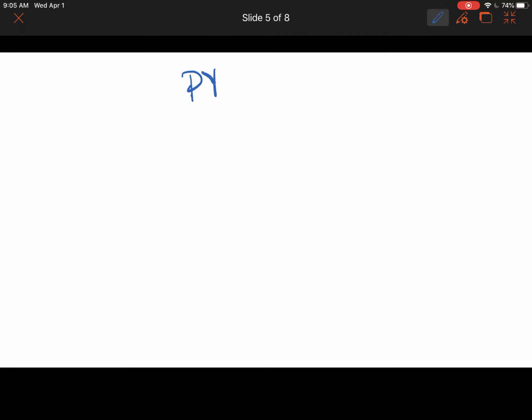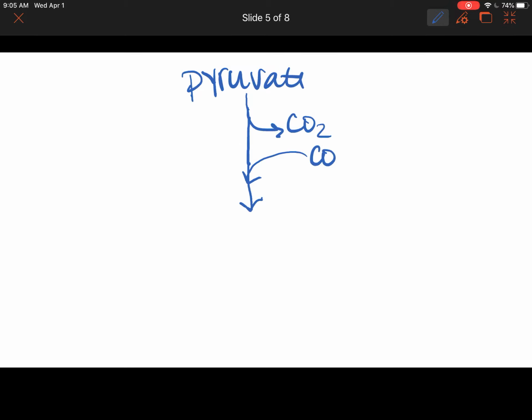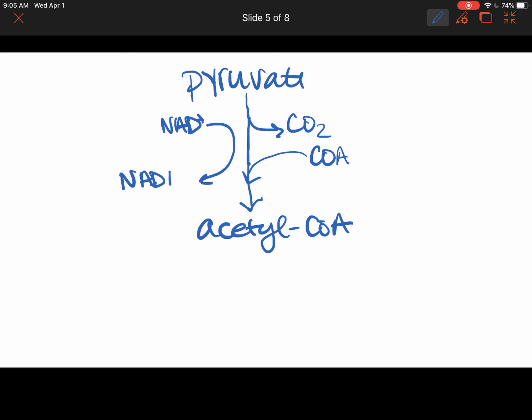Okay, so in a nutshell, pyruvate diffuses into the mitochondria, through a series of reactions CO2 is released, CoA is added, and we wind up with acetyl CoA, and NAD+ is reduced to NADH.